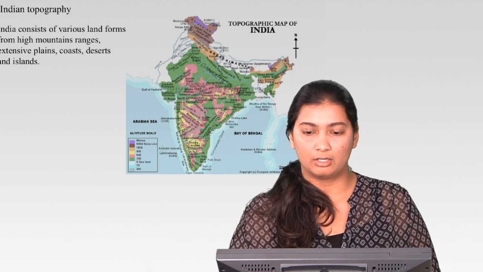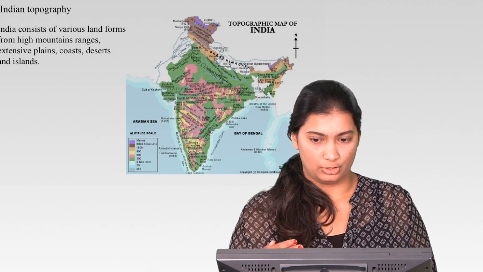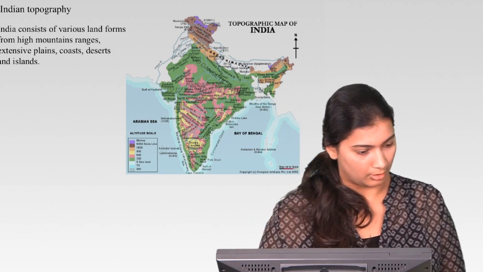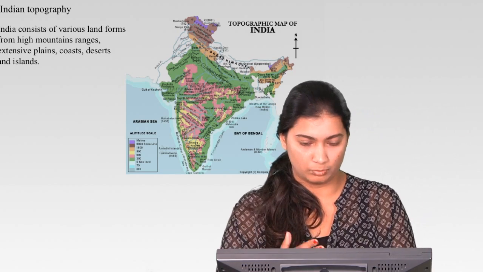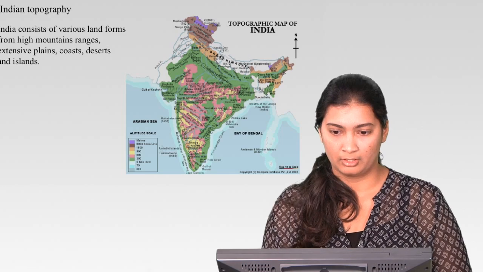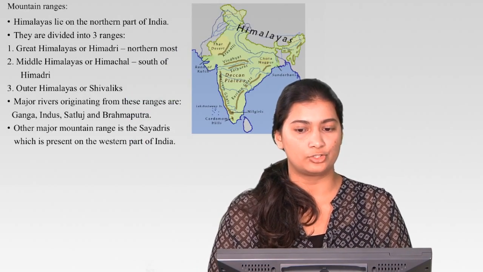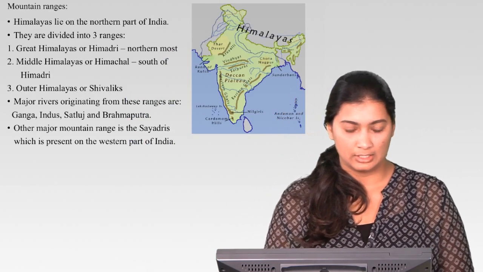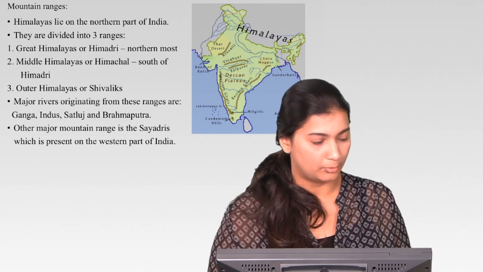As you can see, the major range called the Himalayas is to the north, and there are quite a few different features which I will describe in the further slides. If you see the mountain ranges, they are mainly the Himalayas, Aravalis and Satpuras.